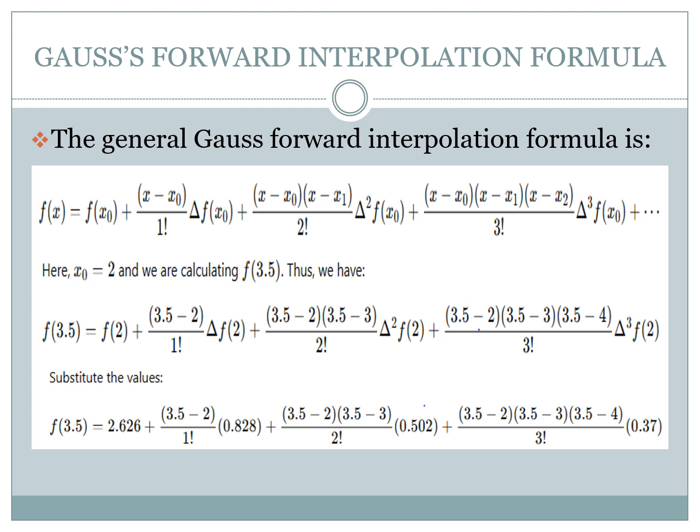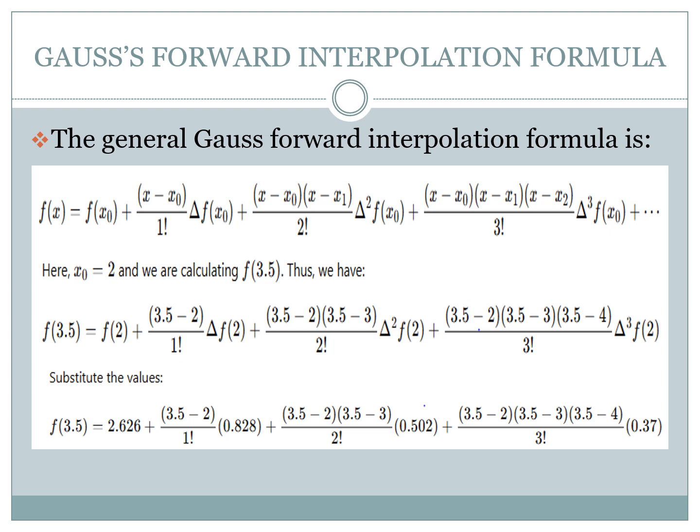So now we get f of 3.5 is equal to f of 2 plus 3.5 minus 2 divided by 1 factorial, that is x minus x naught. And here x naught value is 2. So delta f of 2 plus x minus x naught, that is 3.5 minus 2 into x minus x1, that is 3.5 minus 3 divided by 2 factorial into delta square f of x naught, that is x naught value is 2.